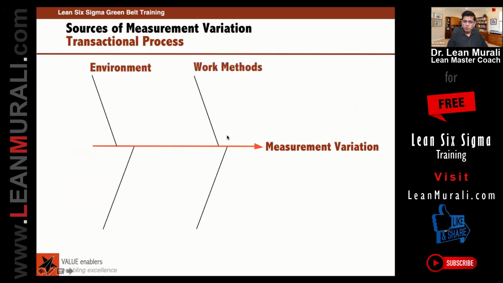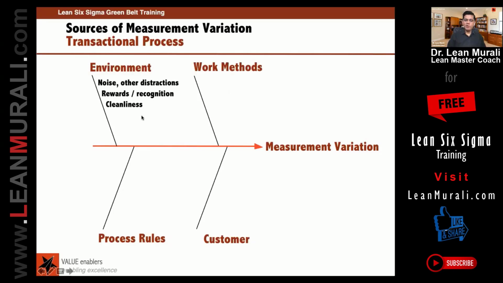If you really want to classify the different things that influence the measurement: the customer, the process rules, the environment, the work methods, the rewards and recognitions, the cleanliness of the workplace, the noise and other distractions, lighting, room temperature, proper equipment.